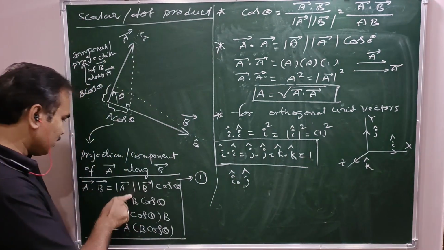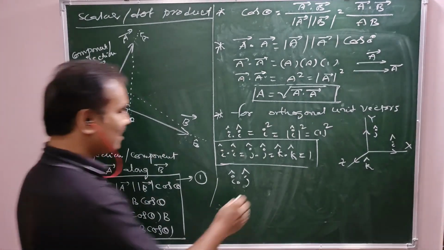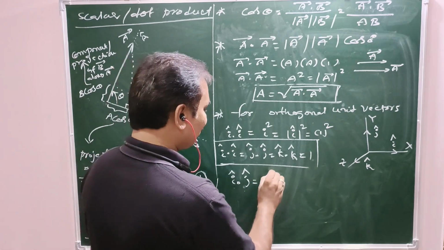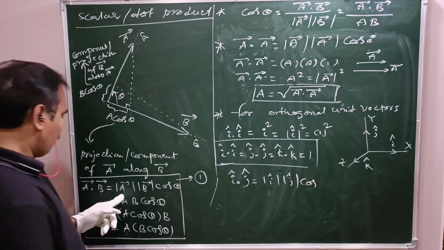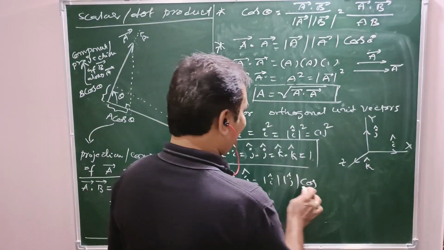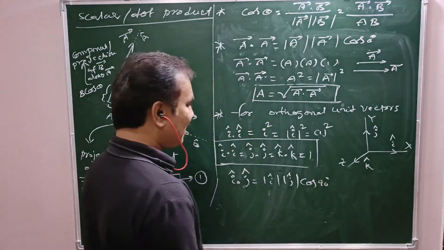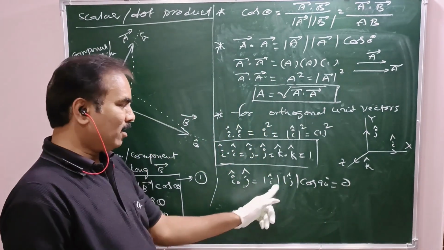So go with this relation, that is a bar dot b bar equal to mod a bar mod b bar cos theta. That is i cap dot j cap. i dot j means mod i cap, mod j cap into cosine of angle between them. What is the angle between i and j? 90. Cos 90 degrees means 0. 1 into 1 into 0.